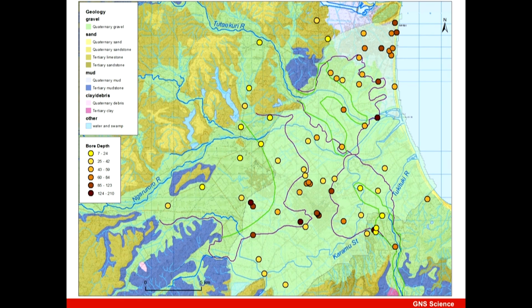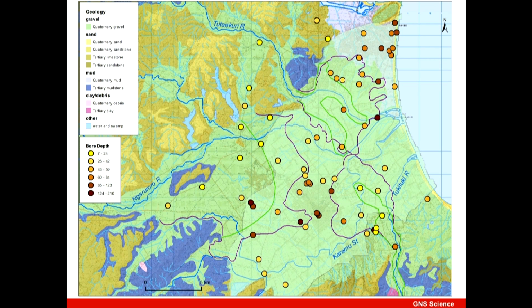We have data combined here, which we are in the process of analyzing for all these tracers, to get a better understanding of the whole Heretaunga Plains. That data includes the Napier City Council wells and the Hastings District Council wells, which both have extremely valuable long-term data.